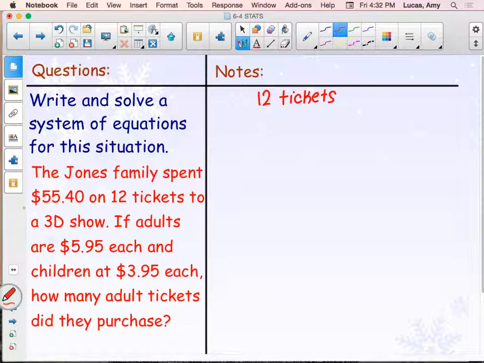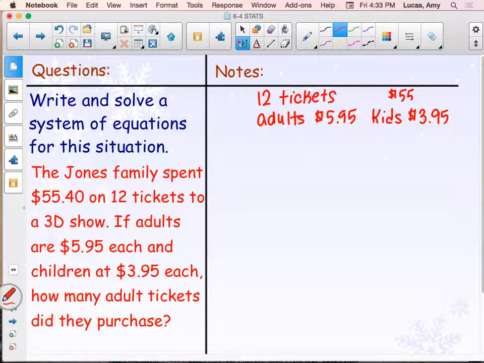We know that adults are $5.95 and children are $3.95. And we know that they spent $55.40. Okay, so we have to get two equations with two variables. So I'm going to use A for adults, and I can use C for children.